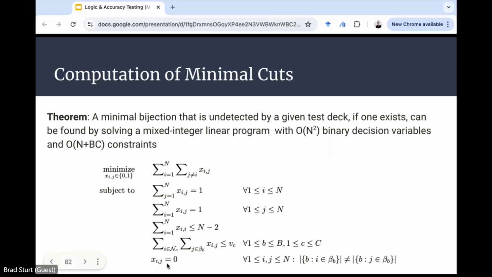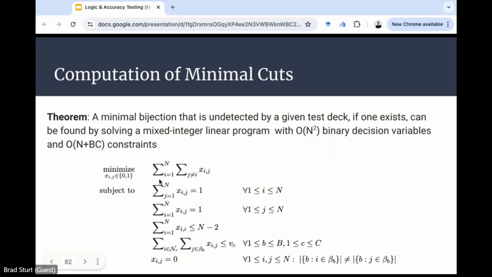So x_ij equals 0 means it does not swap or connect a candidate and a target that receive different vote totals in your test deck from the current iteration. And this constraint here, the only constraint that makes it not a normal network flow problem, is that the x_ij's cannot induce an overvote in any of the ballots, in any of the contests.